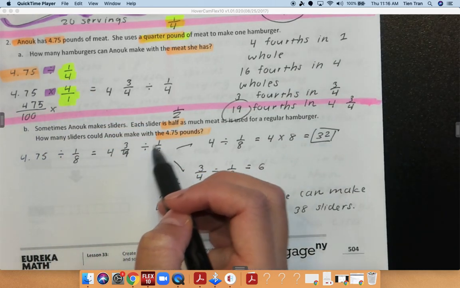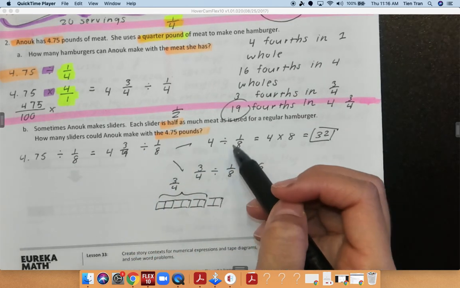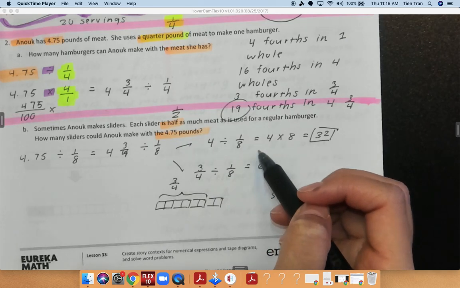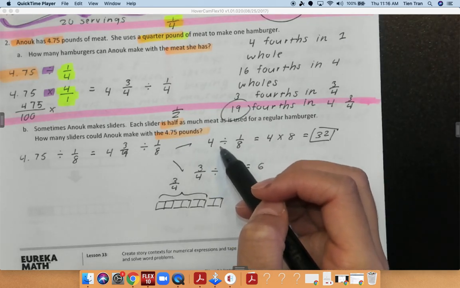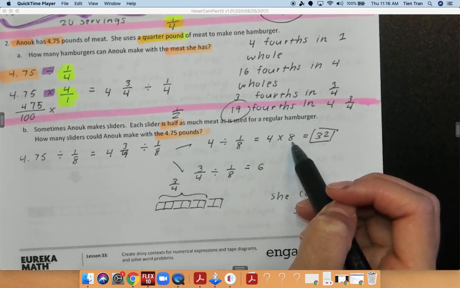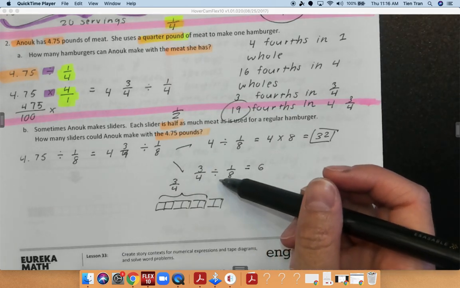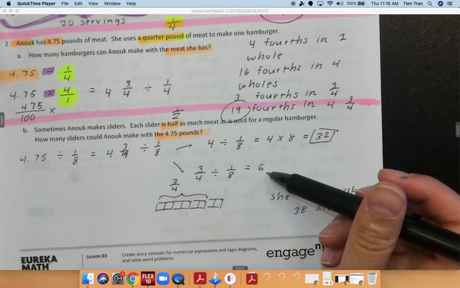So 4 3/4 divided by 1/8, we have 4, and then we're dividing it by 1/8. So we're going to flip the division sign to a multiplication sign, 1/8 to 8. And 4 times 8 is equal to 32. And over here we have 3/4 divided by 1/8, which is equal to 6.